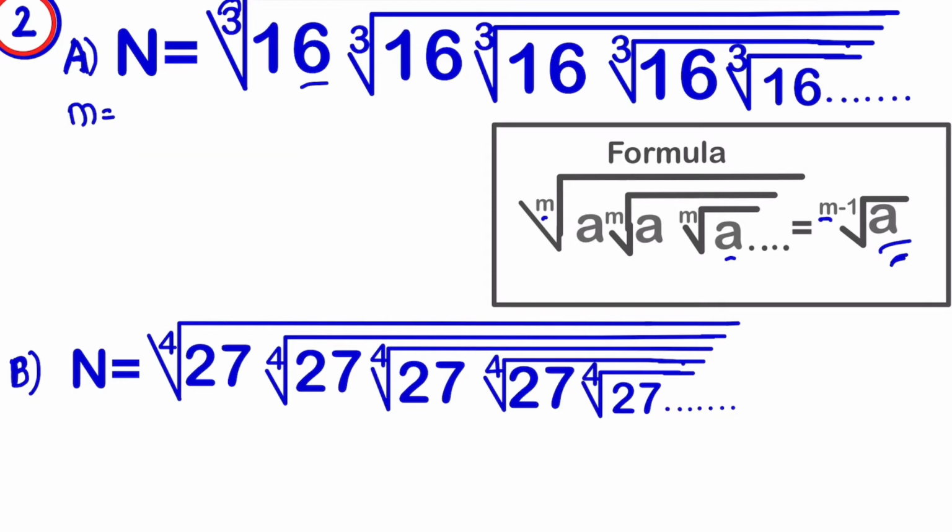So if we plug this in the formula, m is 3 here, and a is 16, so we have 16 to the power of 3 minus 1, so 3 minus 1 will be equal to 2.